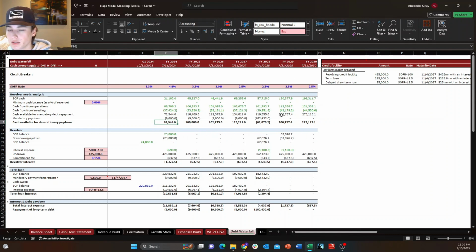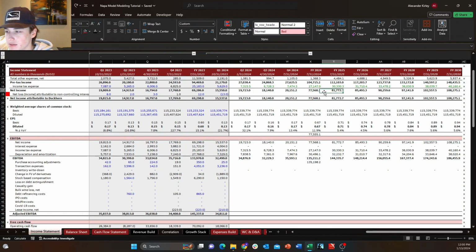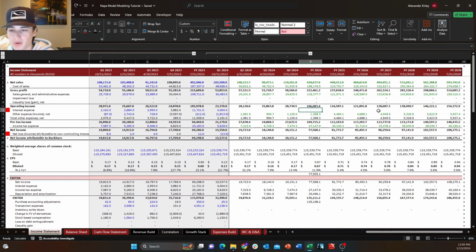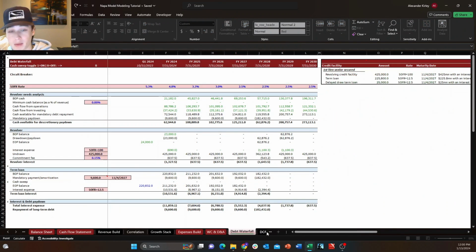Flowing through correctly. But now we need to create what we like to call a circuit breaker. A circuit breaker allows me to reset my model, because if right now I go over to my income statement and input my interest expense, it will break my model, so make sure you don't do this without creating a circuit breaker first.